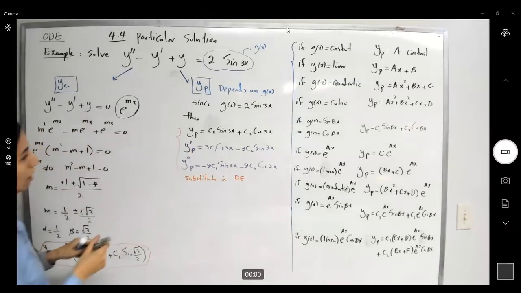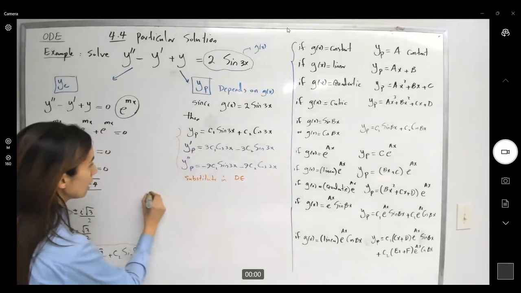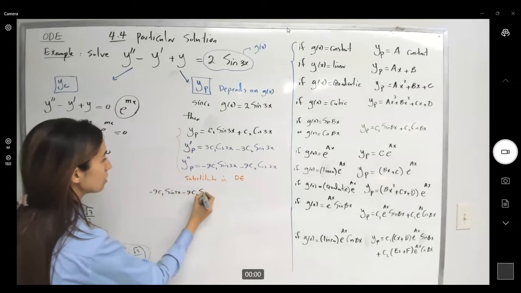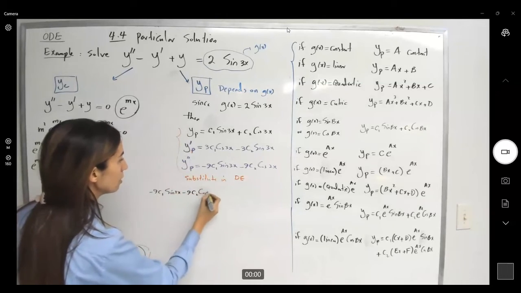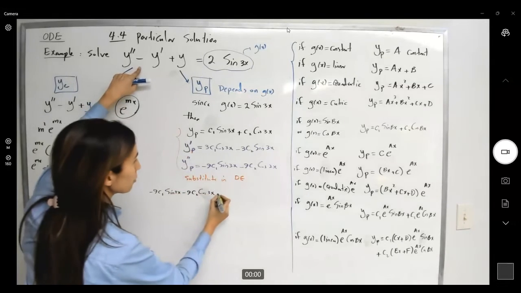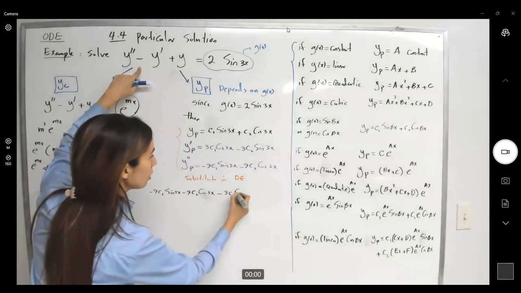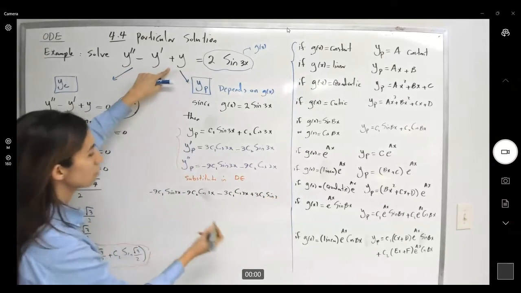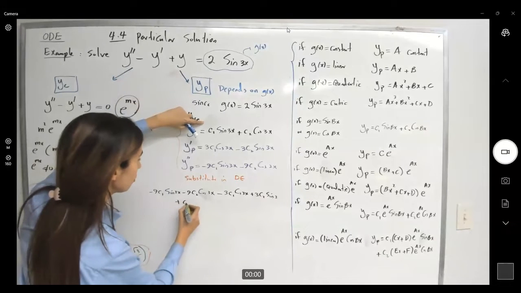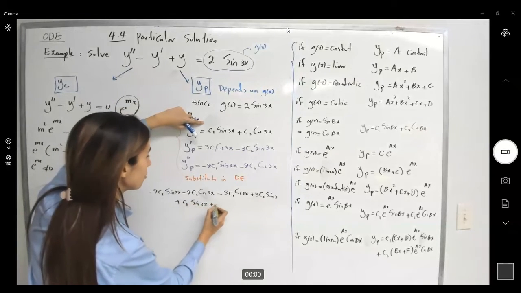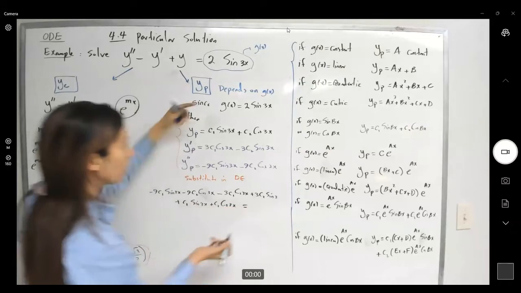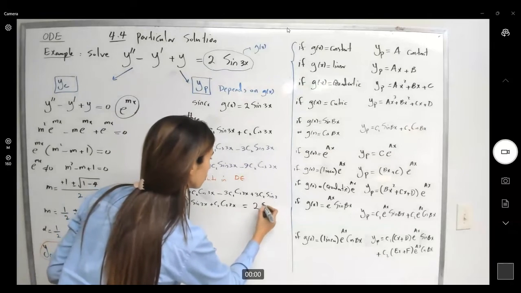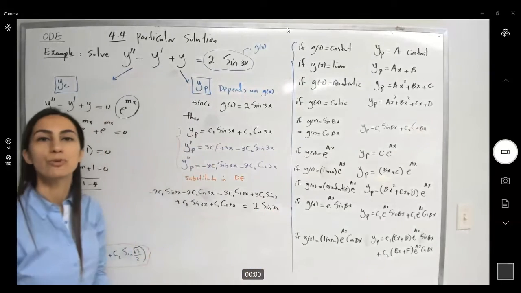So let's see what we have. Negative 9c1 sine 3x minus 9c2 cosine 3x, minus y prime, minus 3c1 cosine 3x plus 3c2 sine 3x, plus y, which is c1 sine 3x plus c2 cosine 3x. On the right-hand side, I have 2 sine 3x. Pure algebra.